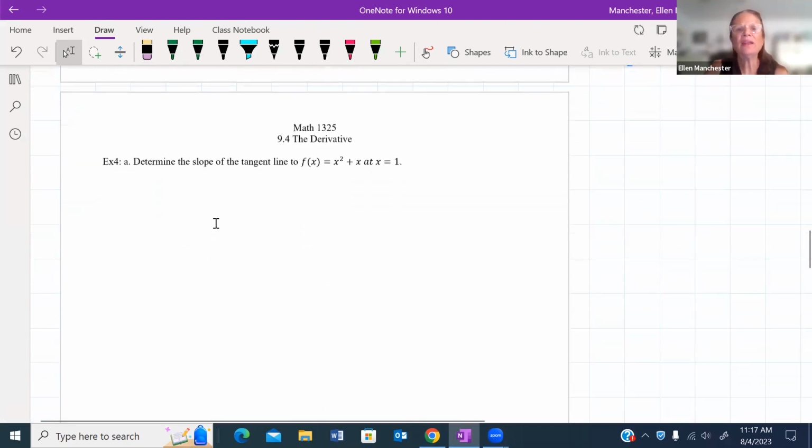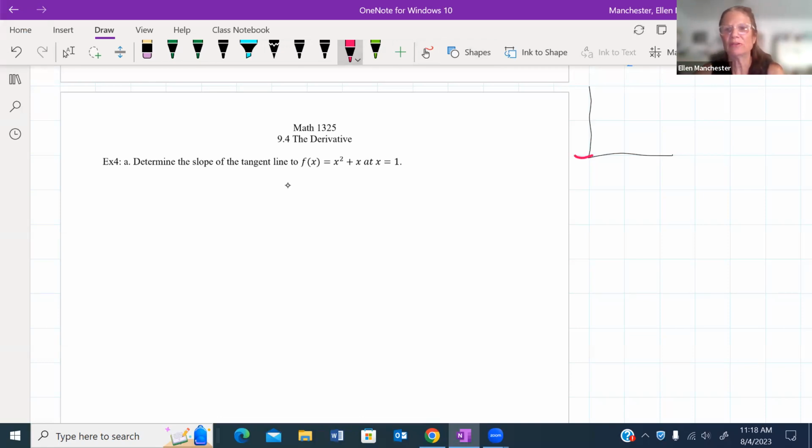All right, so then it says, now this one is a little bit different because now it's asking for the slope of the tangent line. So remember, the tangent line means it hits at one point, right? So if we have a graph, okay, we have a graph, and let's just say it looks something like that.